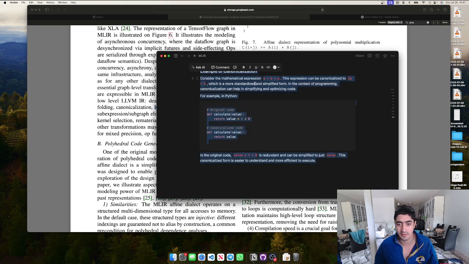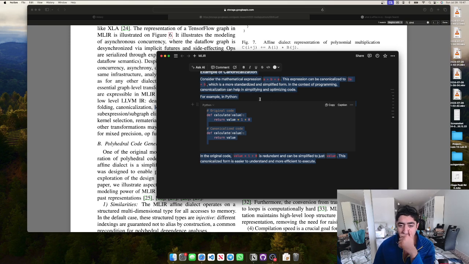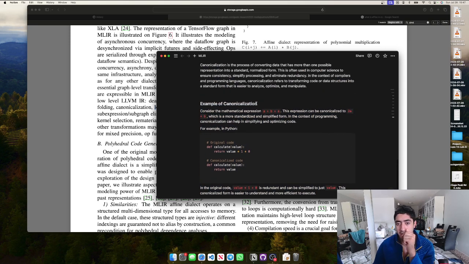Alright, considering mathematical, there's two, which is a more standardized and simplified form. In the context of programming, canonicalization can help in simplifying and optimizing code.